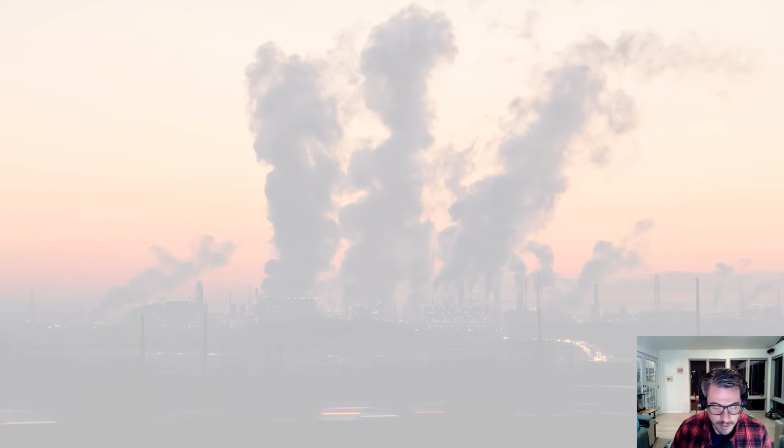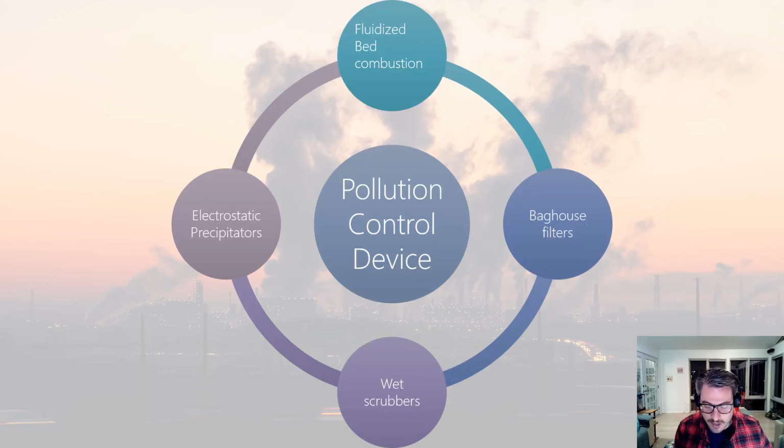There are a number of pollution control devices that have been developed to remove harmful air pollutants from the atmosphere after combustion of fossil fuels. Specifically, a pollution control device is a device that's used after combustion to remove harmful air pollutants such as nitrous oxides, sulfur oxides, and particulate matter. Some examples include a fluidized bed combustion, which burns granulated coal in close proximity with calcium carbonate.